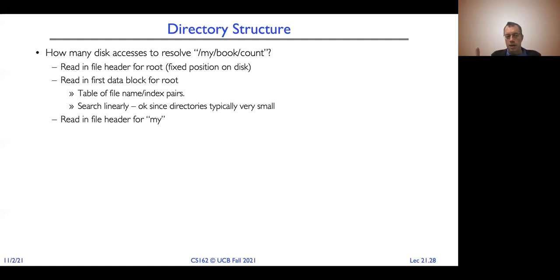Now, once you locate my, you read the file header for my, because the entry for my tells you the file number for directory my. From that, you go and read the first data block in my, and you search for book. My is again a directory, so it's going to keep a bunch of directory file entries.